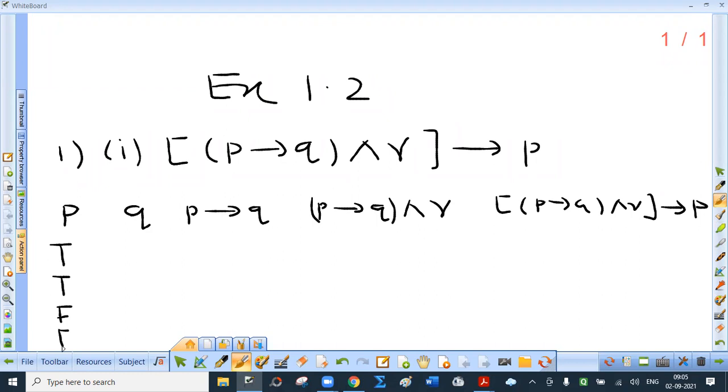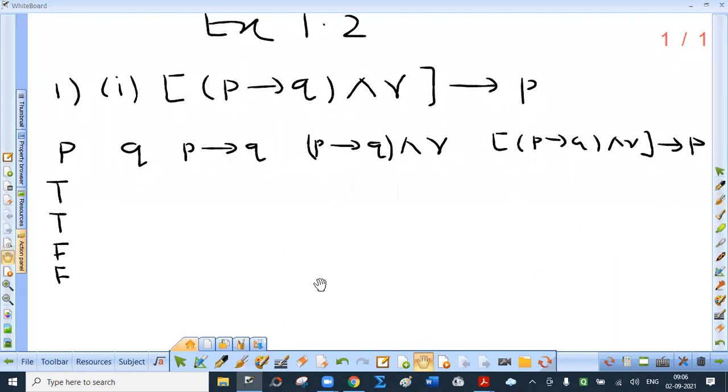I repeat that ideally order is immaterial, but in exam, you are supposed to write these truth values in this order only. Here, true, false, true, false. Let me explain. P implies Q. True, false, true, false. You should not waste time in remembering what will be the entries in the column. You have at the most 5 to 6 seconds to write these.